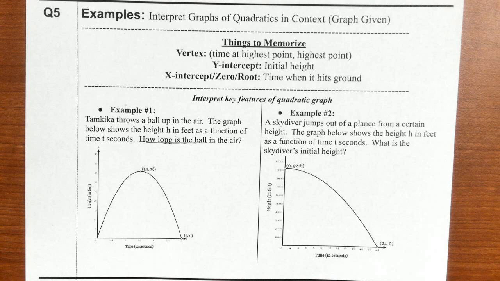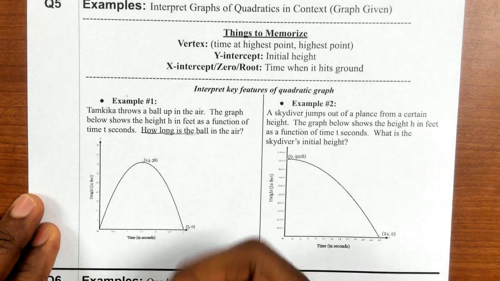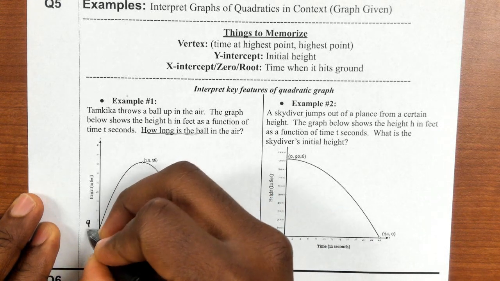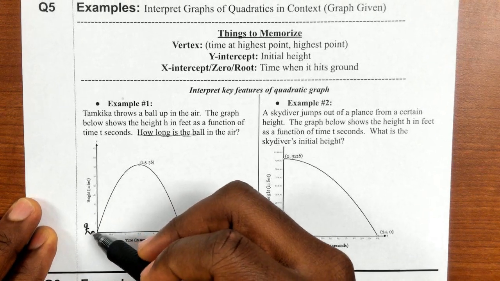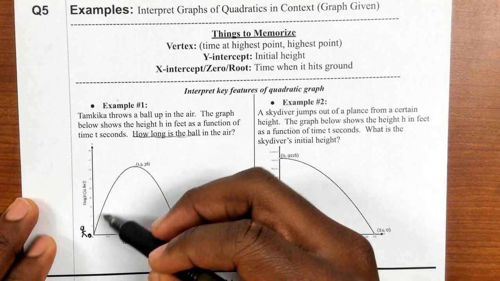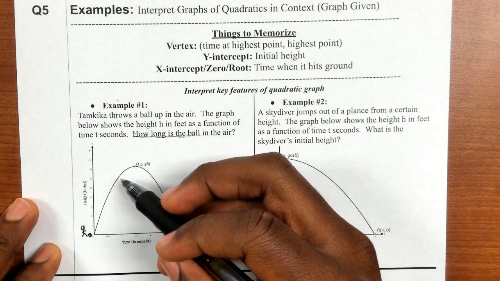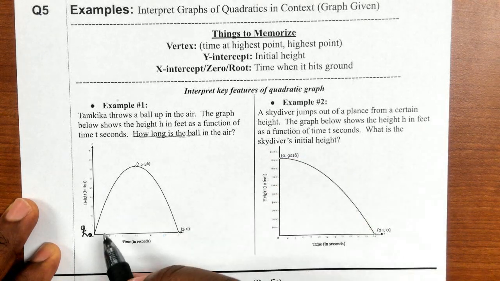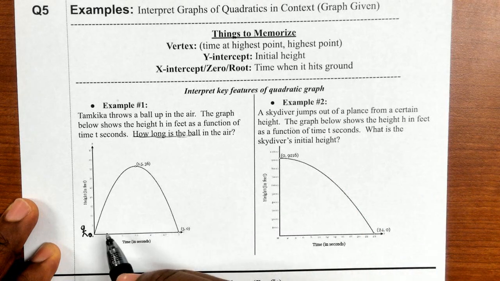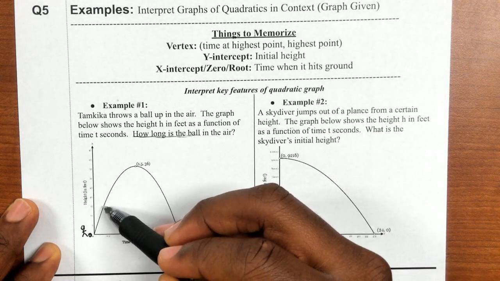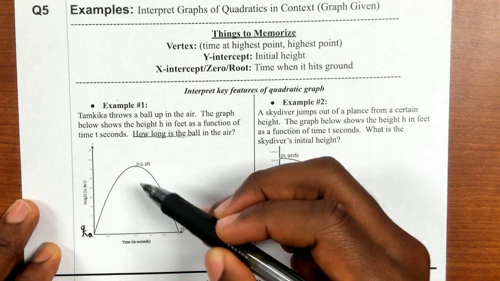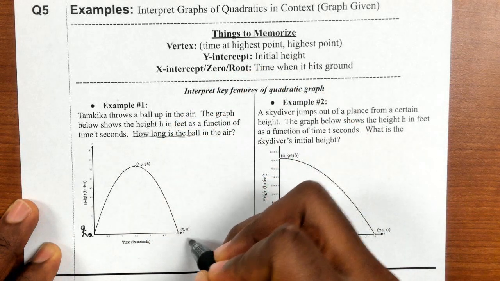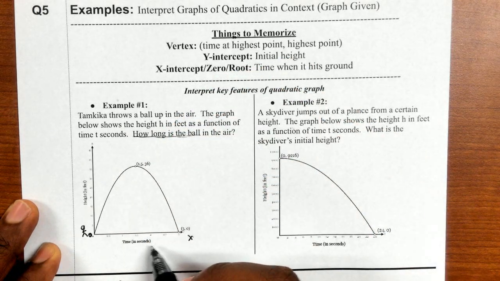Let's try to use our graph to help us understand this. It says Tamkika, which is this person right here, kicks a ball up in the air, but we know that the ball does not stay in the air. At some point it has to get back to the ground. So let's call this where she's at the ground level. She kicks the ball up, and it's still in the air up until 1.5 seconds, because x represents the time in seconds.